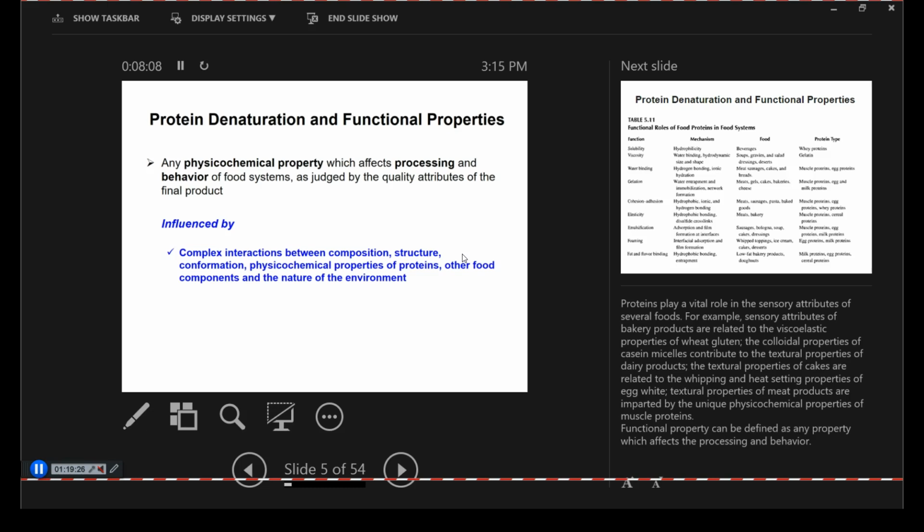What else do we have in our system? We have fat, we have sugar. Do we have reducing sugar or non-reducing sugar? How would that protein interact with the different components that will impact certain quality properties of the food? And the nature of the environment, which is a huge thing: pH, ionic strength, temperature. All of this plays a role in how the proteins interact with each other, how they interact with components within the food, and how that will impact the functional properties.